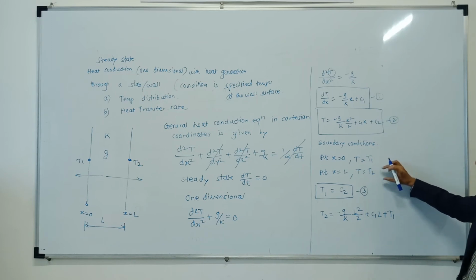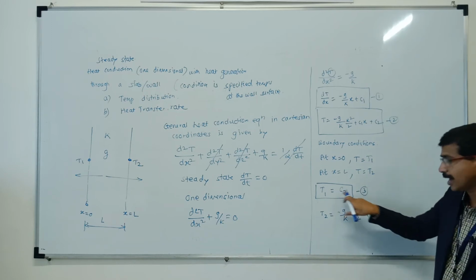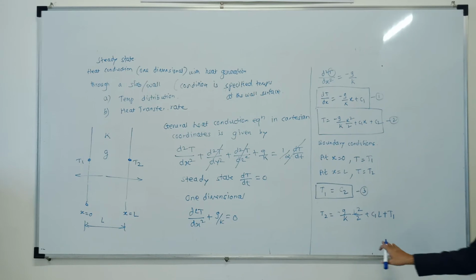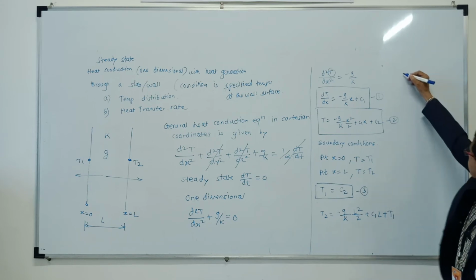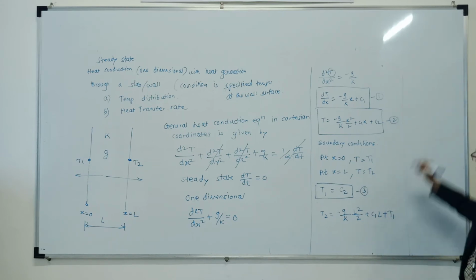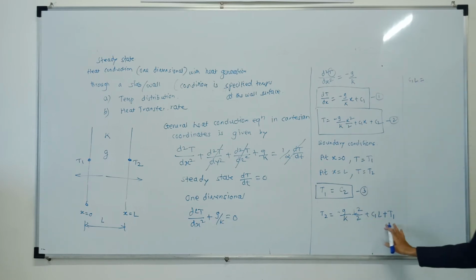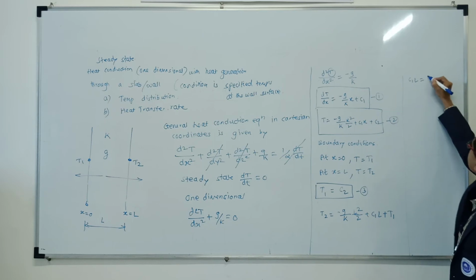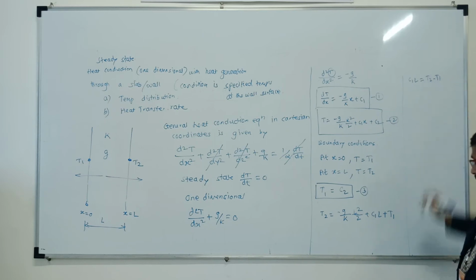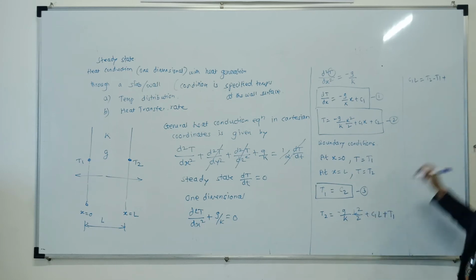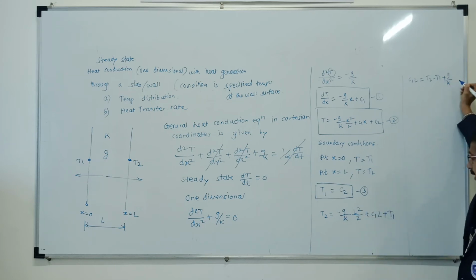Why have I put this boundary condition? Because I am interested in the other constant. First I got c2. I am interested in only one constant now, that is remaining. It is c1. So how to do it? Just reshuffle the parameters. Check it out. c1 L, let us say I have taken on the left hand side. Other things are T2 minus T1 plus g by k, L square by 2.